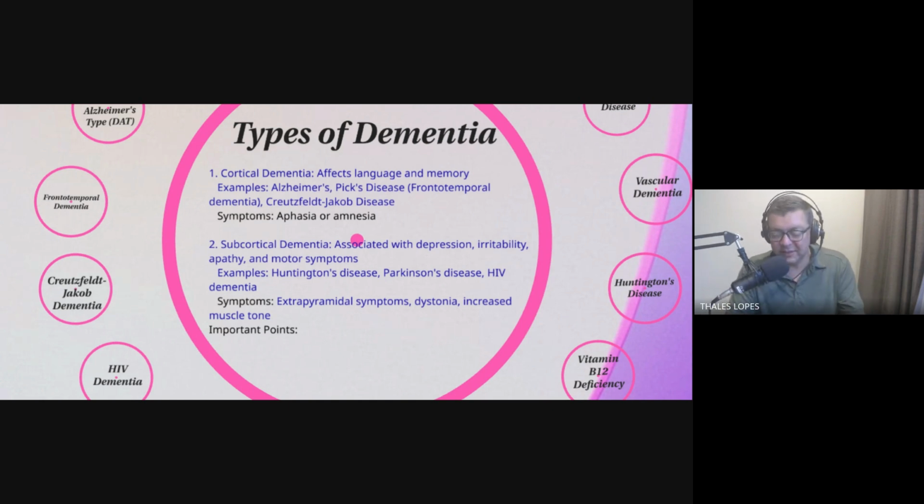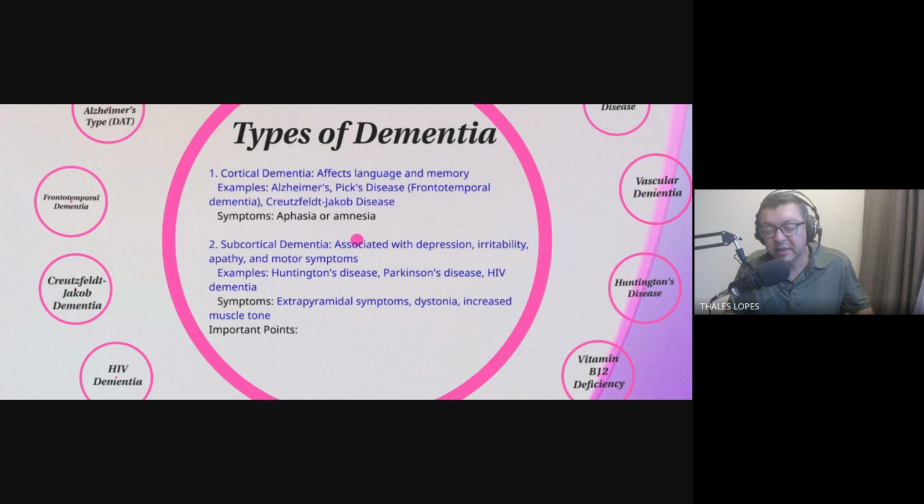That's why I said that this was kind of hard. Lots of memorization. Now, subcortical, under the cortical. Two associated words would be motor and depression. The three that we want to put under the subcortical are Huntington disease, Parkinson's disease, and HIV dementia.